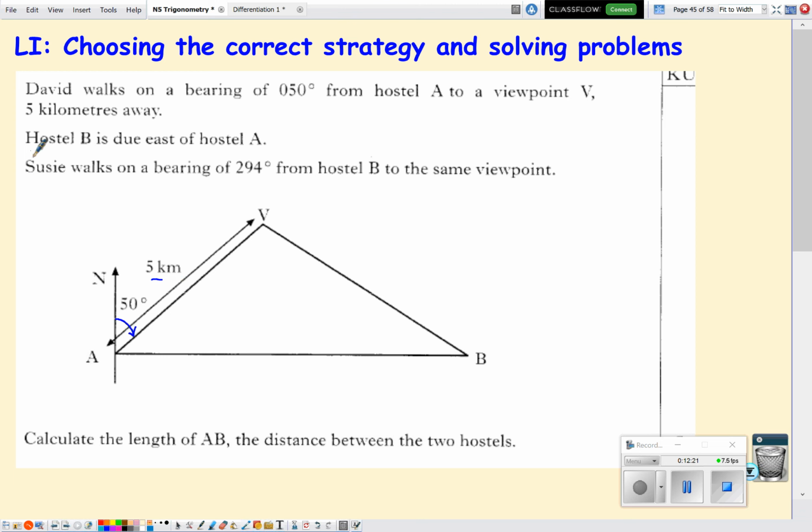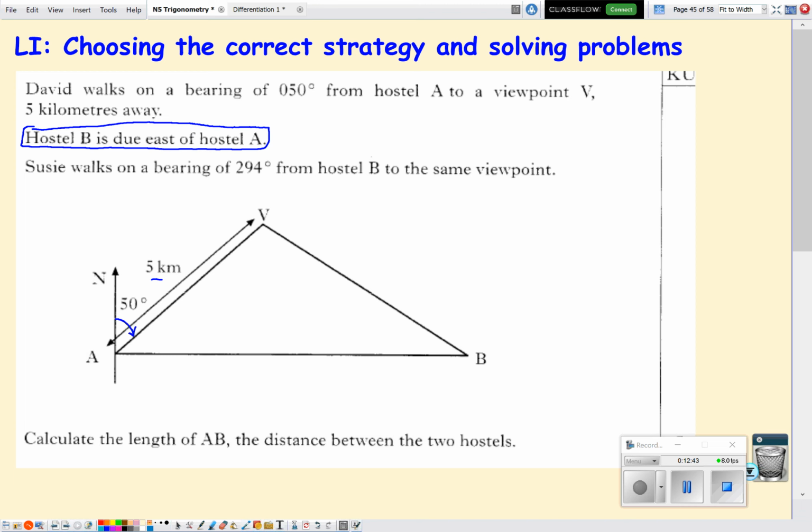Now, this piece of information here, this sort of thing is quite common in bearings questions. One point is due east, due west, due north, due south, all that kind of thing. These sorts of information can be quite common because they're there as a big clue as to how you're going to work out the angles within the triangle.